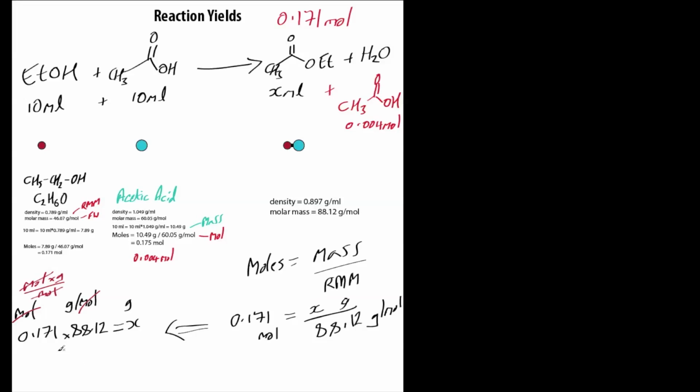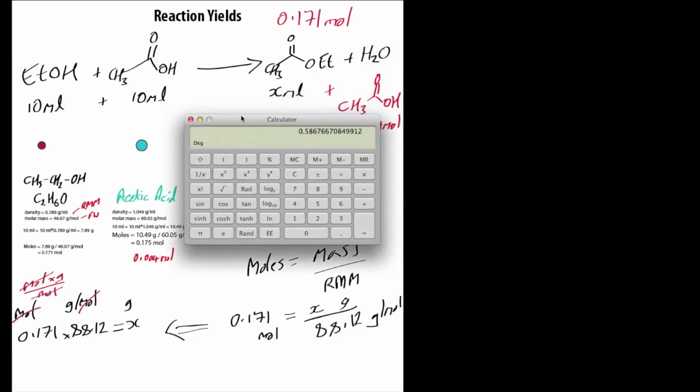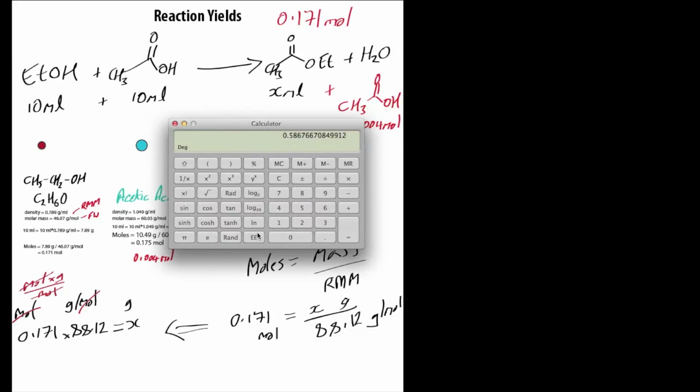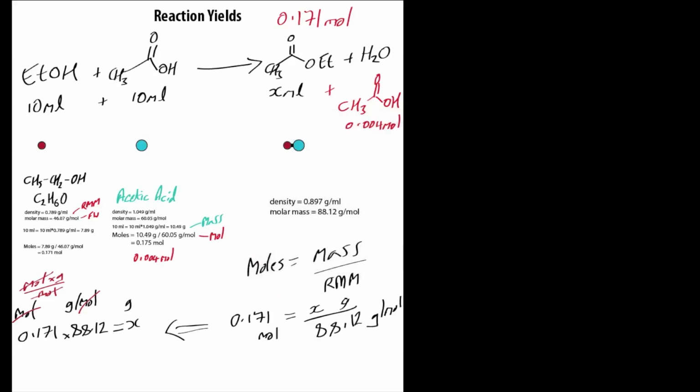All we need to do now is multiply 88.12 by 0.171. So let's get a calculator up. Here's a calculator. And we have 0.171 times 88.12 equals 15.06. So I'll move that out to the side.